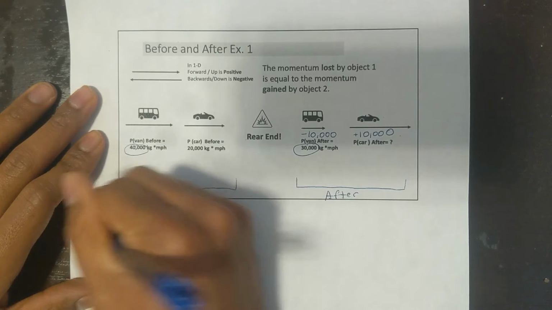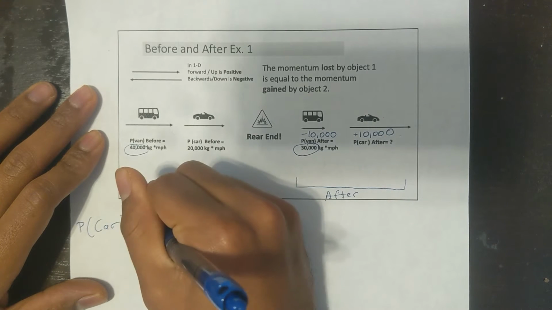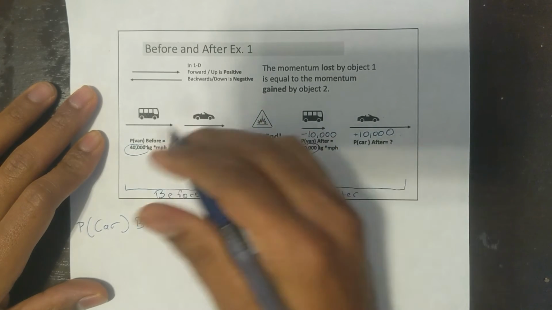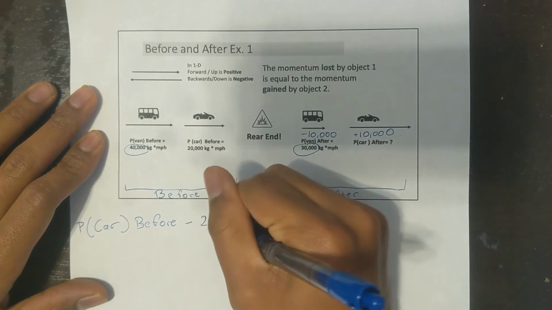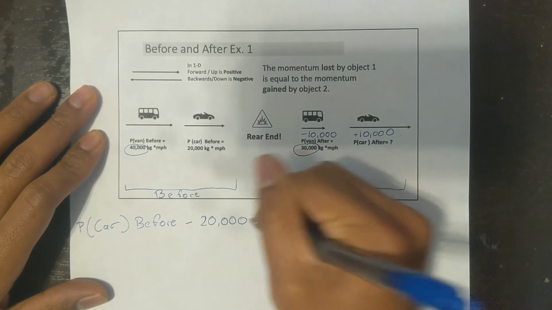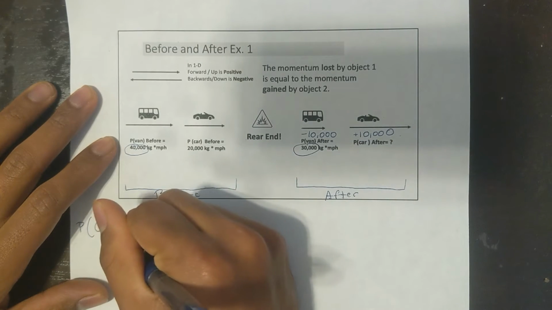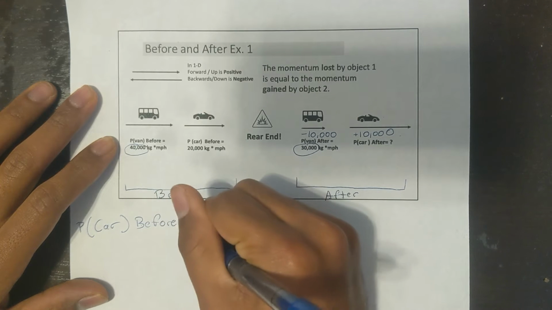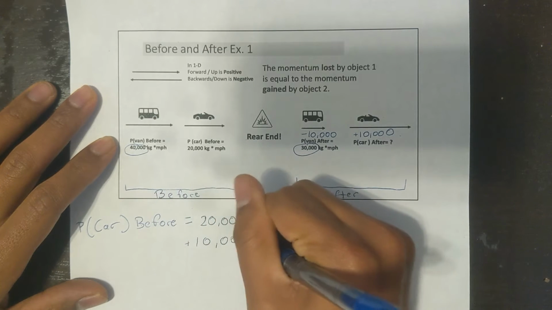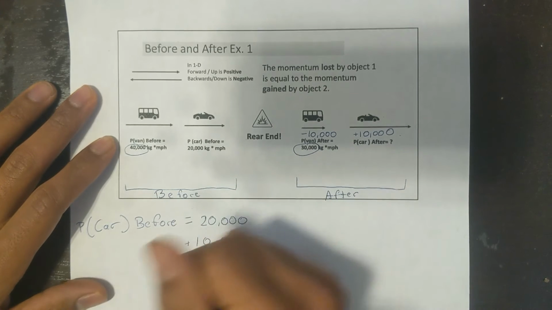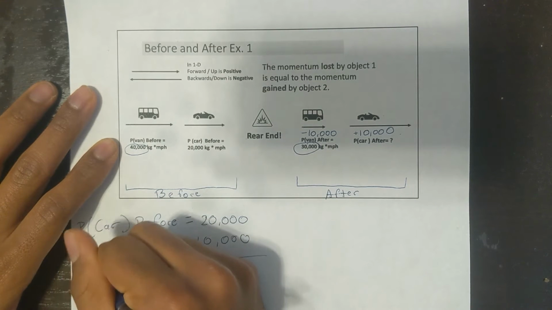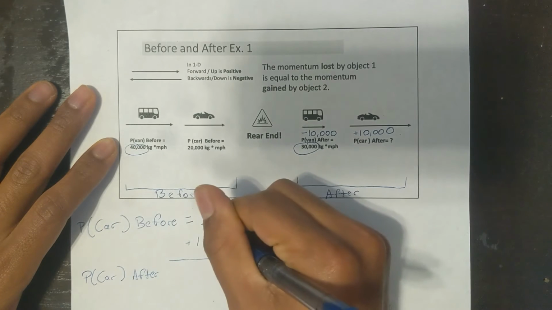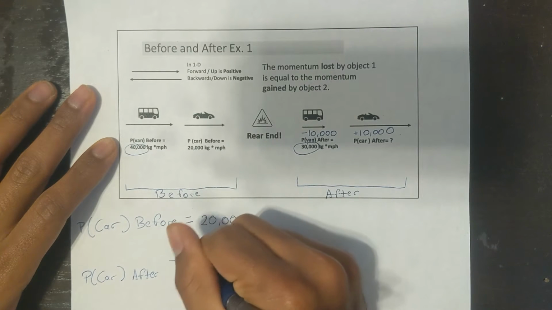The momentum of the car before was 20,000, and then it gained 10,000. So the momentum of the car after should be 20,000 plus 10,000, which is 30,000.